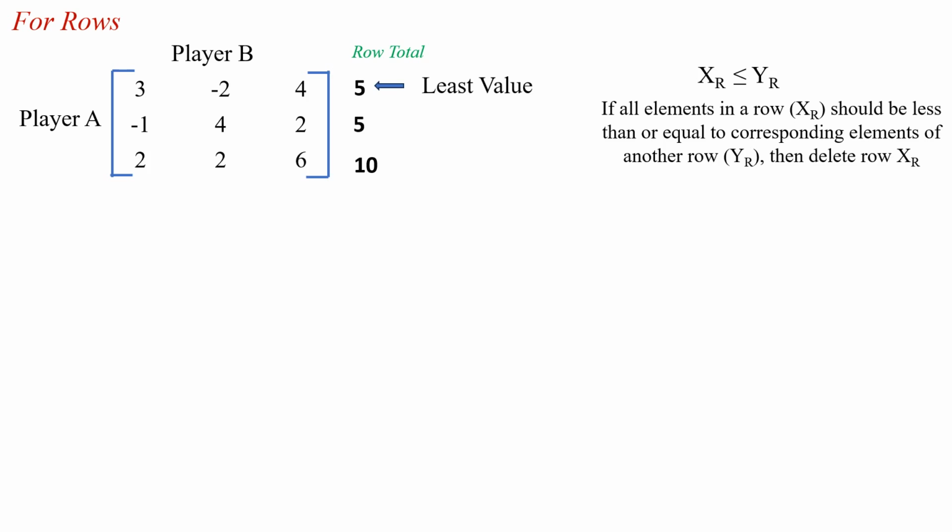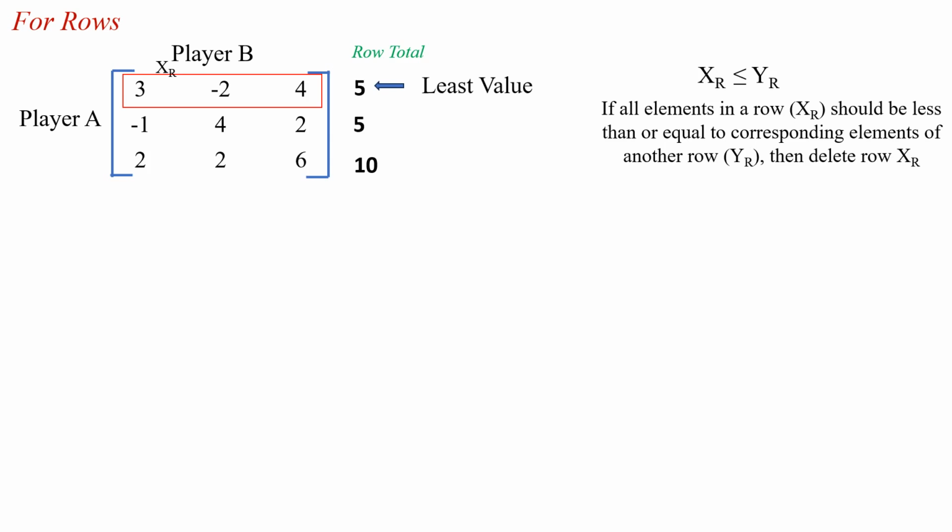Then compare all the elements of the first row with the other rows, such as the second row and the third row. First we compare the first row elements with the third row, because the row total is maximum for the third row. Here the first row elements are 3, -2 and 4. The third row elements are 2, 2, 6.